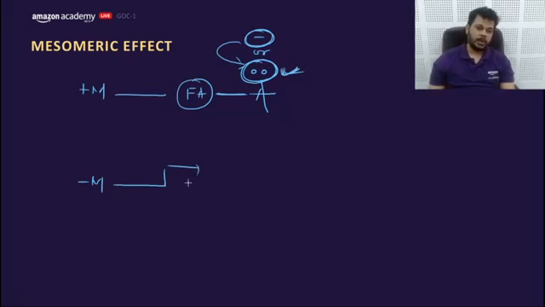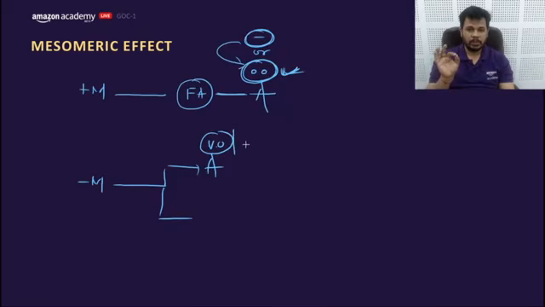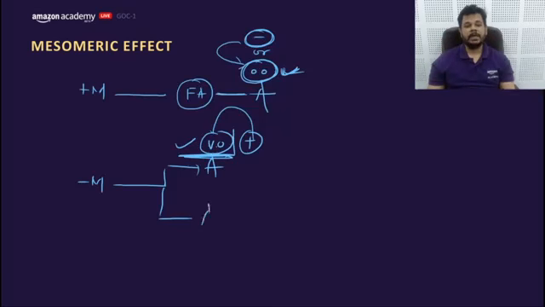Minus M has two points. First, atom A must have a vacant orbital. I could say positive charge, but not all positive charge shows a vacant orbital, so strictly a vacant orbital. Secondly, it should have A double bond B or A triple bond B, and the electronegativity of B should be greater than the electronegativity of A.